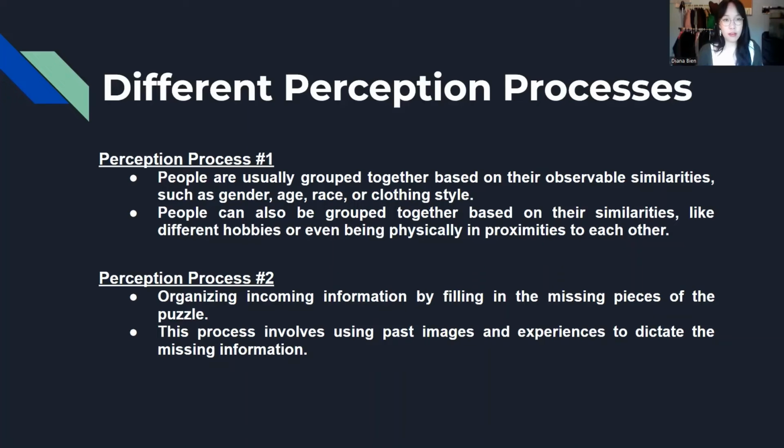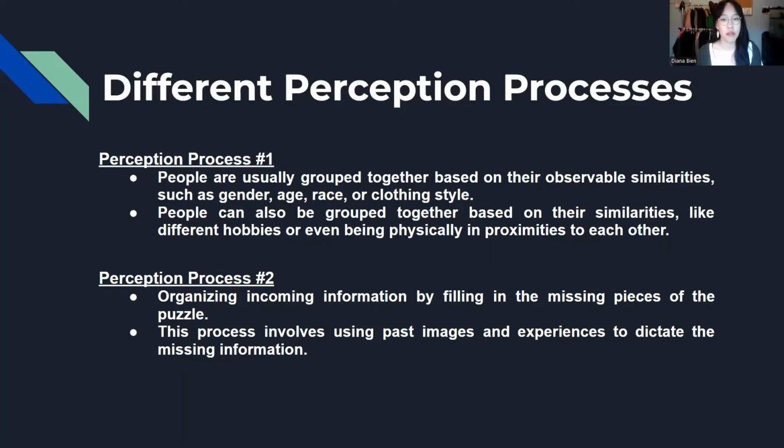One of the other perception processes, so I've just listed a couple, but the first one that I found was ones where we are grouping different people and individuals together. Be different groups as well, even different groups of animals, anything kind of living related. So people are usually grouped together based on their observable similarities such as gender, age, race, or clothing style.